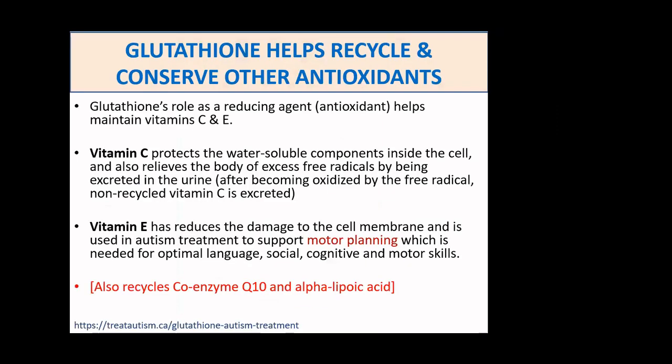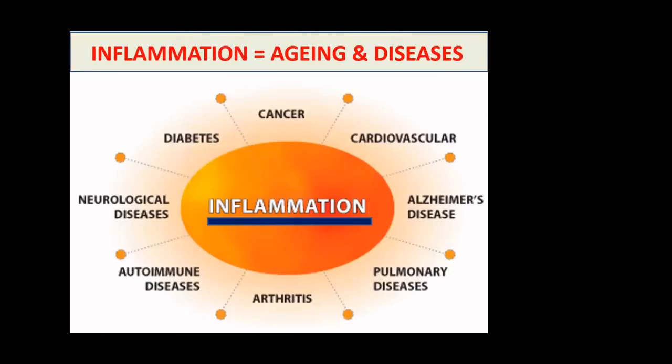And glutathione helps recycle and conserve the other antioxidants, right? Vitamin C works on the water-soluble component of the cells. Vitamin E works on the fat portion of the cells, right? And there's also coenzyme Q10 and alpha-lipoic acid. So they all work as a team. In the end, at the top of the cascade is glutathione, which helps the system to regenerate and recycle.